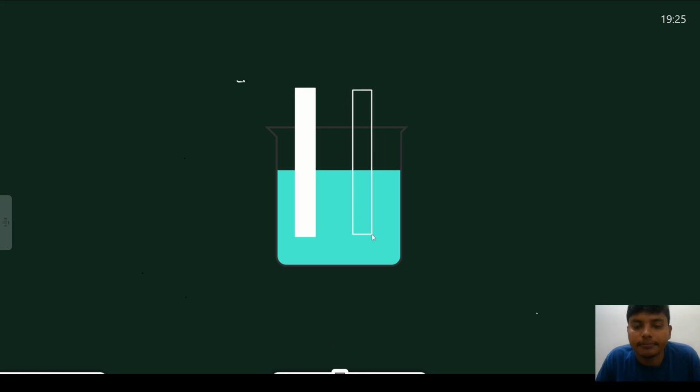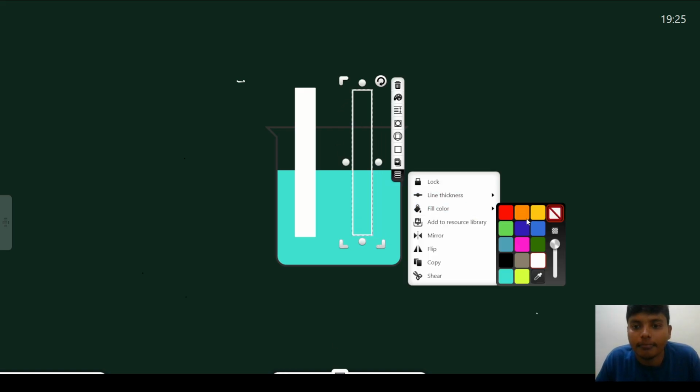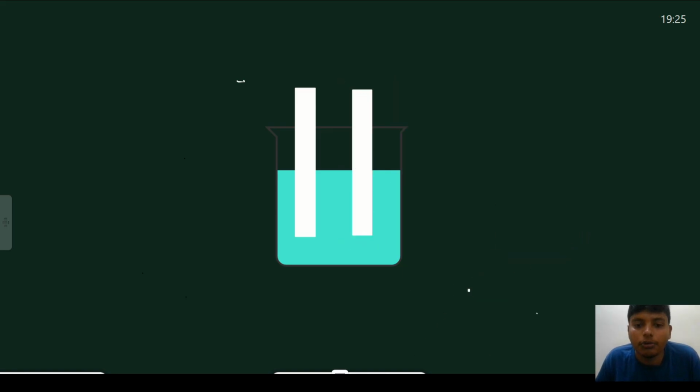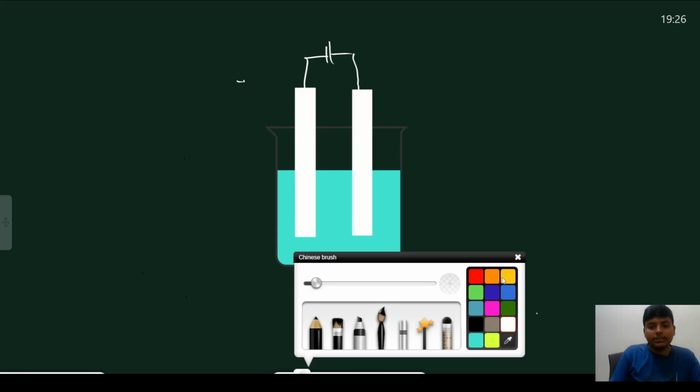Now they are connected with a battery outside. Understood this thing, very important. In this solution, some electrolyte is there. Let's suppose A plus and B minus is there.